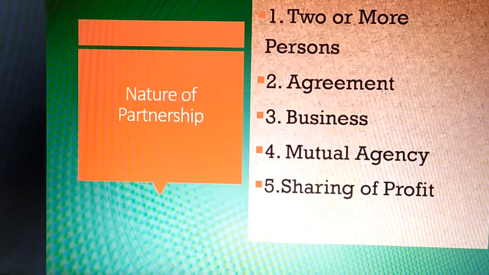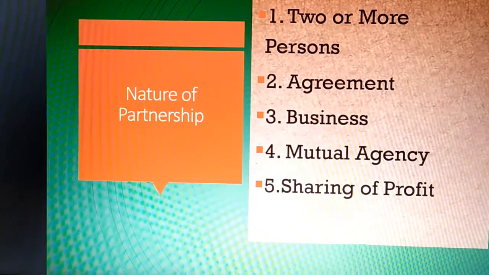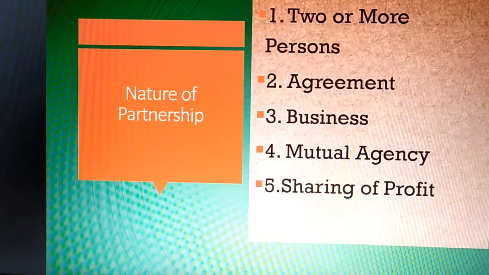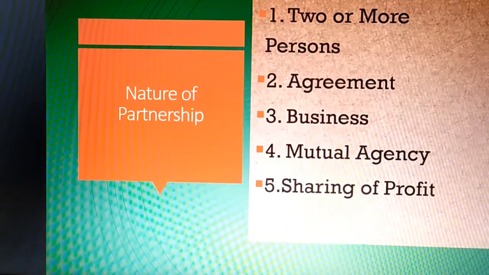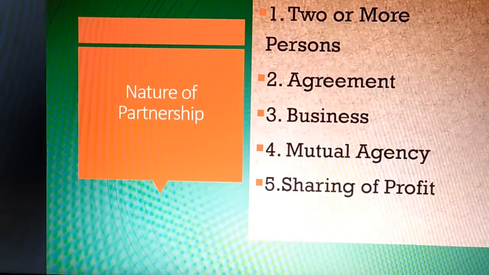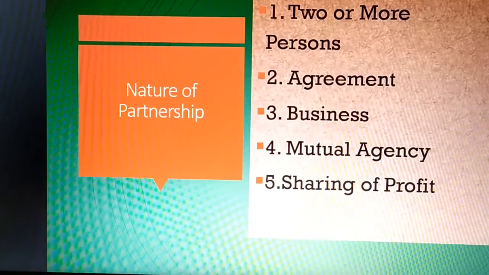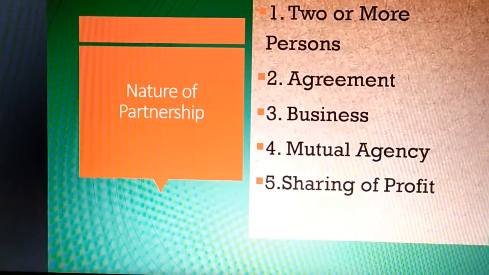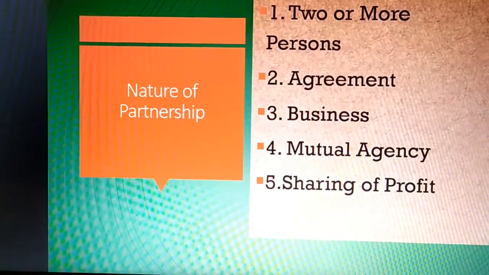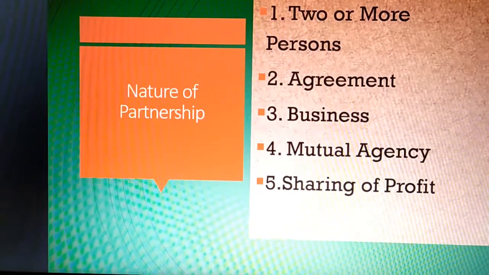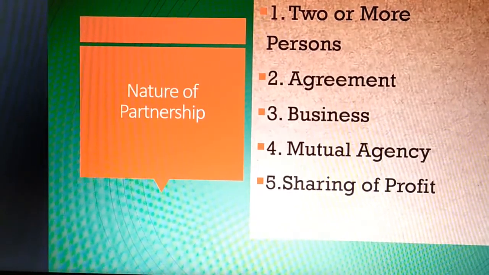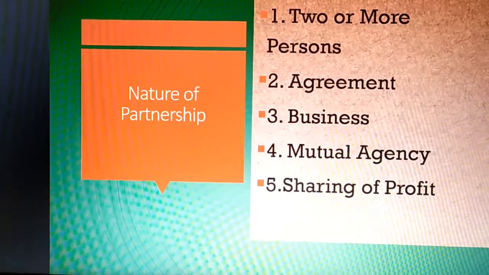The business may not be for any charitable activity. It may be in the form of a profession, or in the form of trade or a vocation, but it should not be a charitable institution, and that will become a different case. That may not be partnership then.